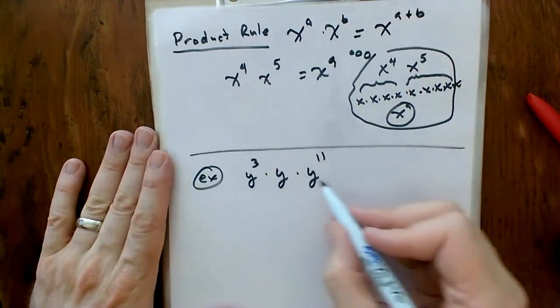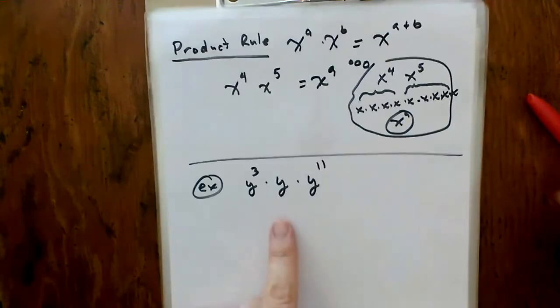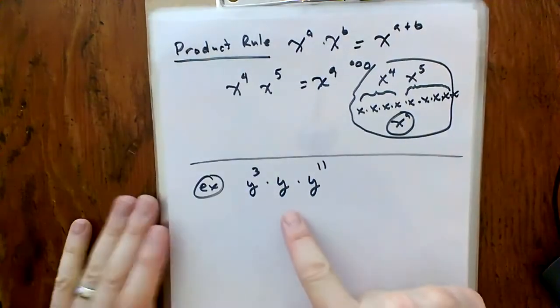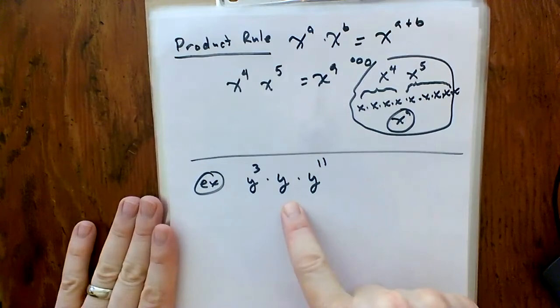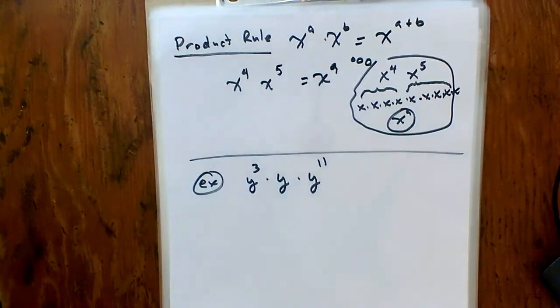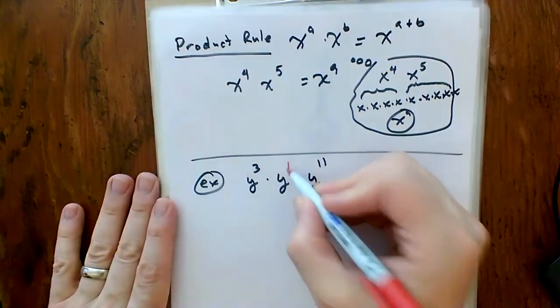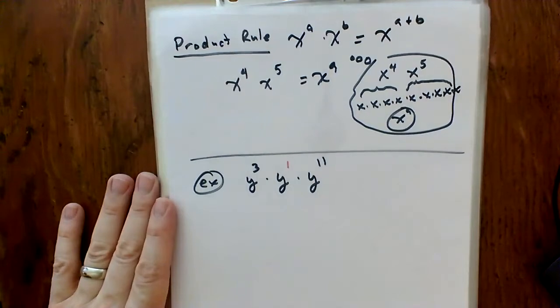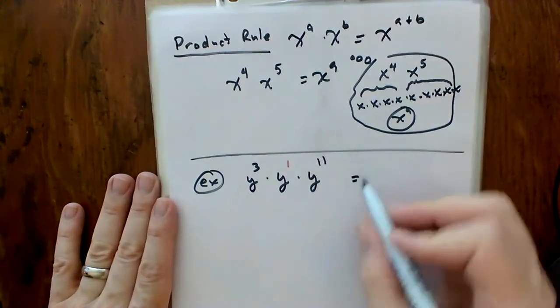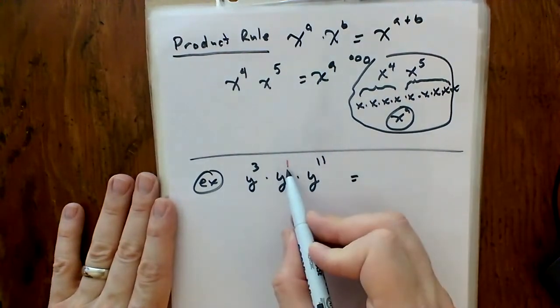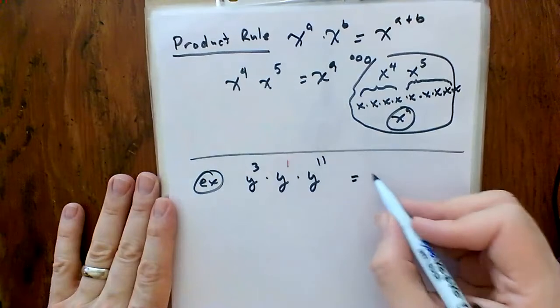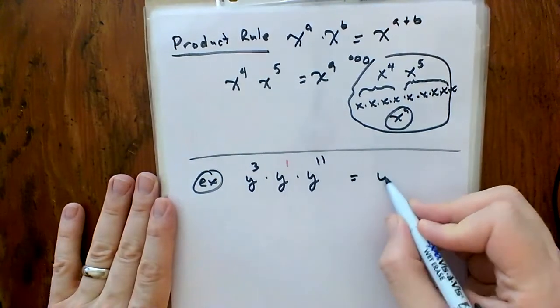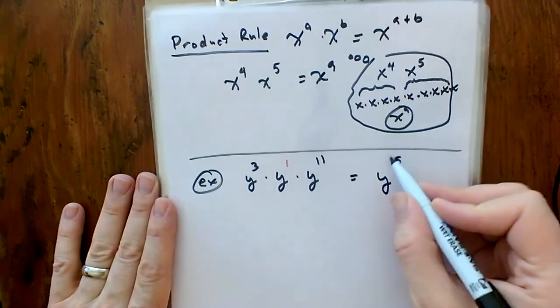Even though this doesn't have an express exponent, I can think of there being an implied 1 right there. So this is going to be 3 plus 1 is 4. 4 plus 11 is going to be 15. So this is going to be y to the 15th. And there's my answer.